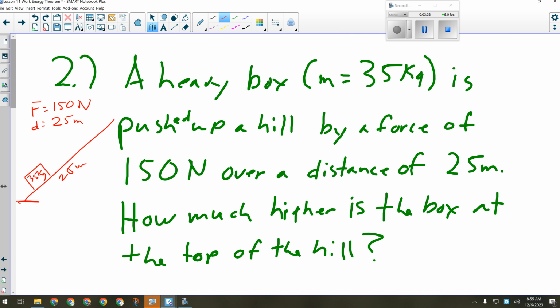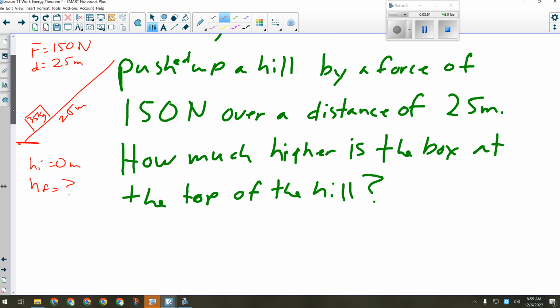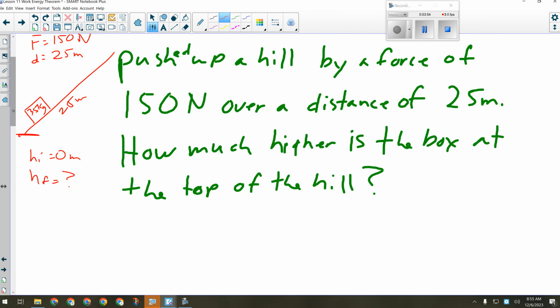Well, how high is the box at the bottom of the hill? My initial height is 0. I'm looking for my final height. I know the mass, I know the distance, I know the force. Is this a work energy theorem problem? Yes. So if I'm following my steps from the last slide, I've written down my givens.